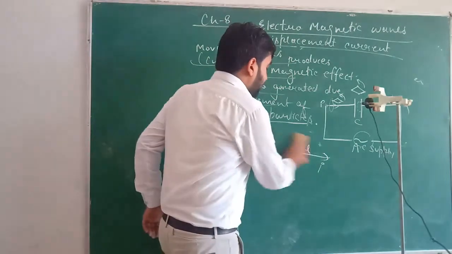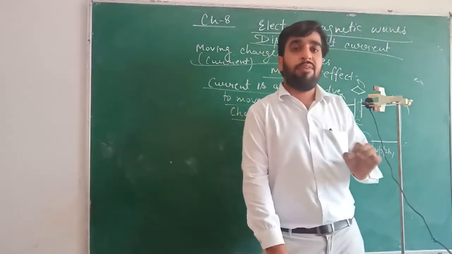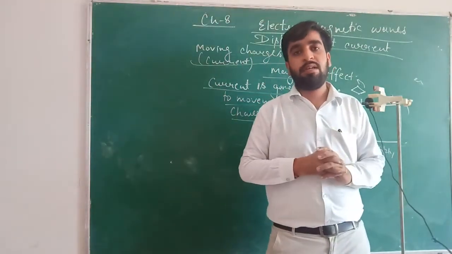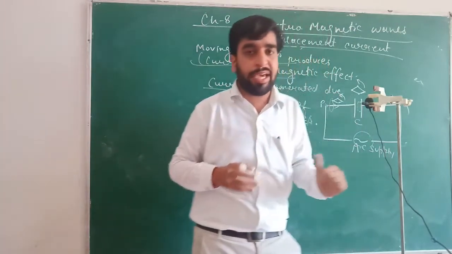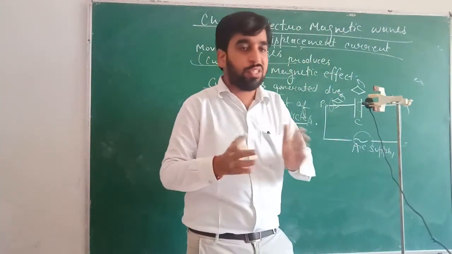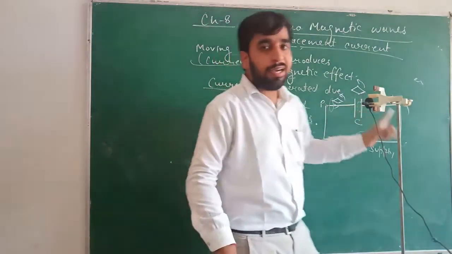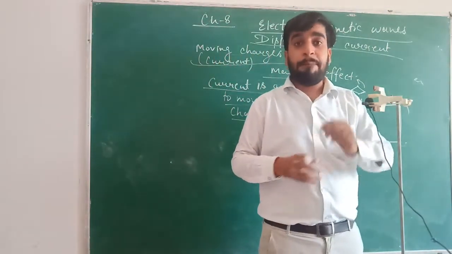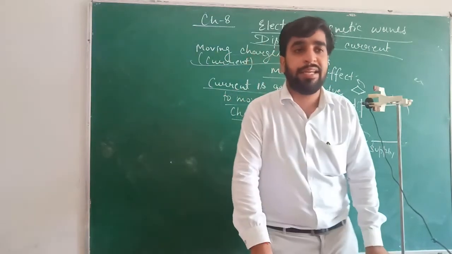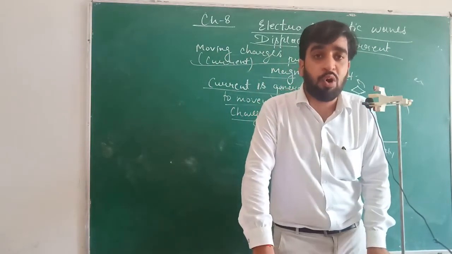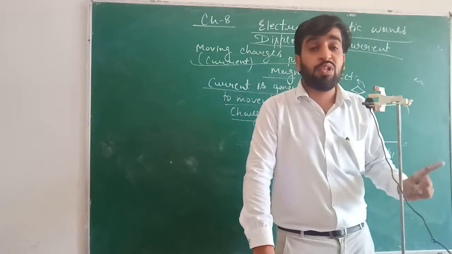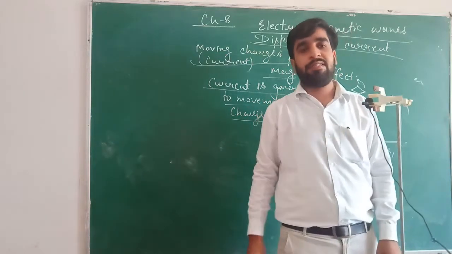By this, Maxwell came to a very brilliant conclusion. He said, that's okay, you are not wrong. Ampere wasn't wrong that for generation of a magnetic field, current should be present. But this theory is a little incomplete, that current can only be generated due to the movement of charge particles.